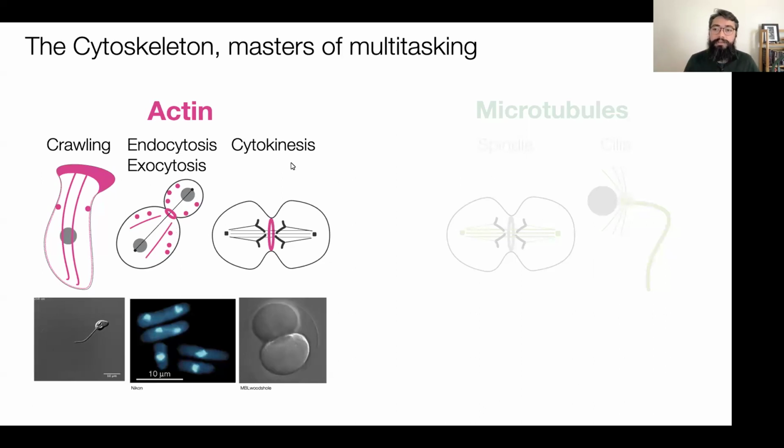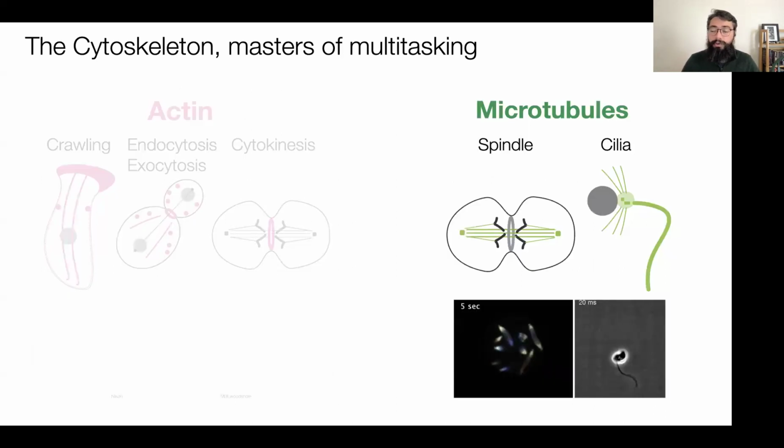And in the lineages of the fungi, the animals, and the slime molds, contractile actin is used for the assembly of the cytokinetic ring, which allows cytokinesis in these lineages. In the case of microtubules, you have the assembly of the mitotic spindle. Microtubules are used for the movement of the organelles inside the cell and the assembly of the motile cilium.